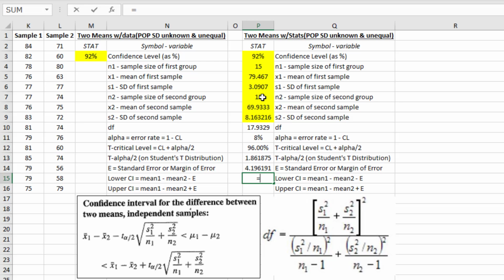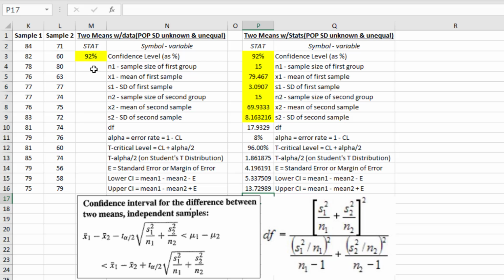So it's going to equal mean 1 minus mean 2. That's kind of our single point estimate that we're building off of. And then we're going to subtract the margin of error. And then this one is going to equal mean 1 minus mean 2 plus the margin of error.